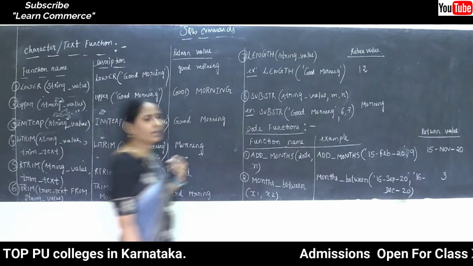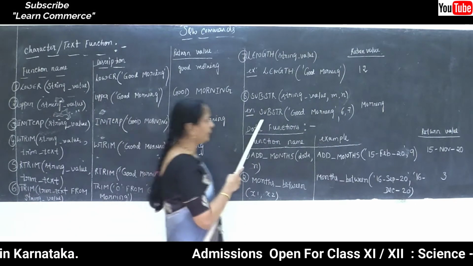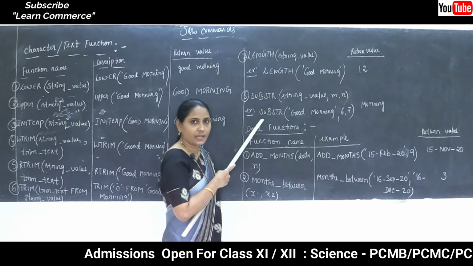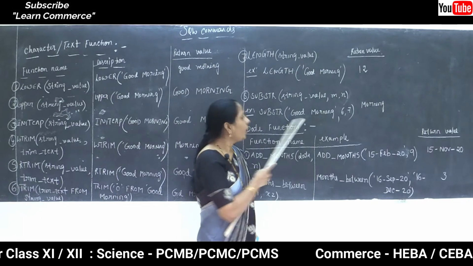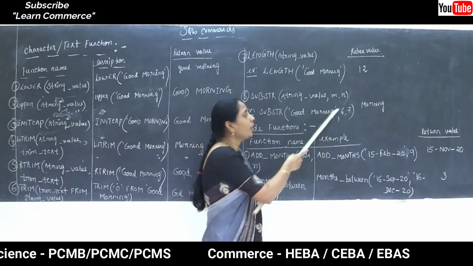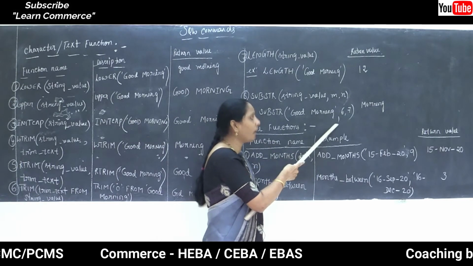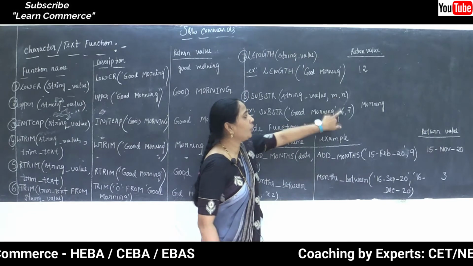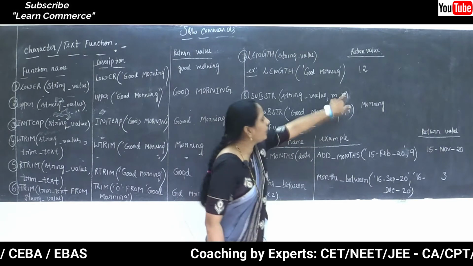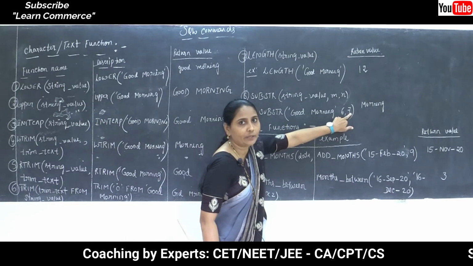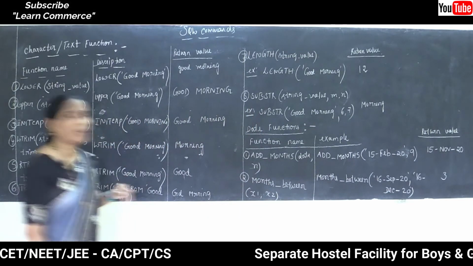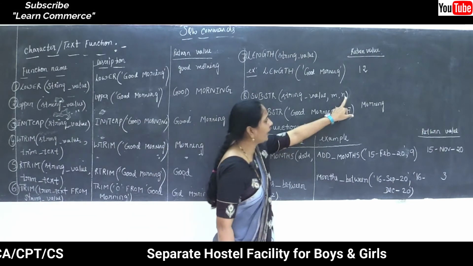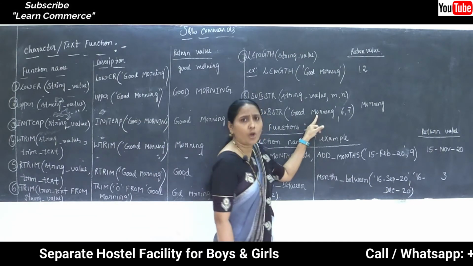Let's see by using an example. In the example I write SUBSTR, open parenthesis, single quote, good morning, closing single quote, comma, 6. Why? Because the m value is 6 and the n value is 7. So what is it going to return? I said return n number of characters, so n number of characters, that is, the morning.